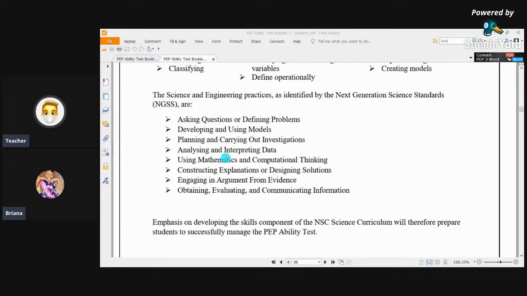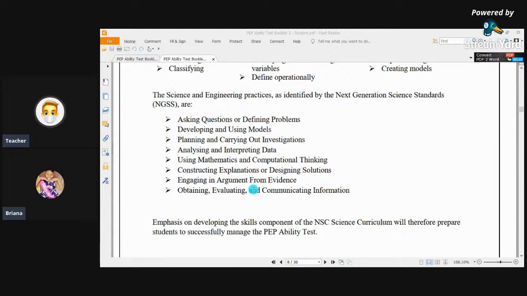Let's go with this one. Analyzing and interpreting data. So maybe you have done some observing. You're using like a survey, or you go out and ask some people some questions. When you get this information, how do you analyze it? How do you interpret it? Okay, using mathematics and computational thinking, constructing, explaining, or designing solutions, engaging in argument from evidence.